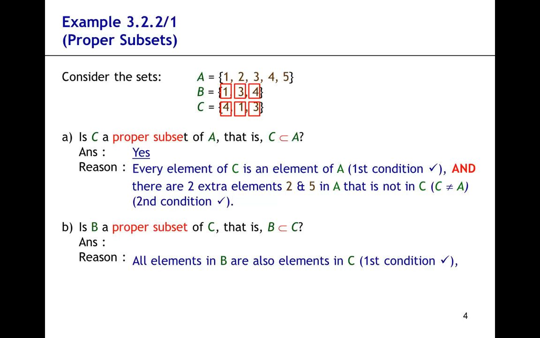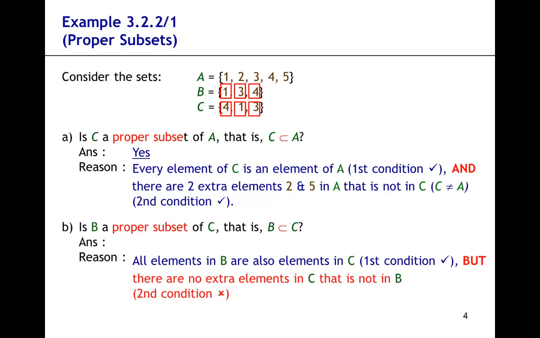How about condition 2? Well, B and C are actually equal sets. So C does not have any extra element that is not in B. So condition 2 has been violated. We therefore conclude that no, B is not a proper subset of C.